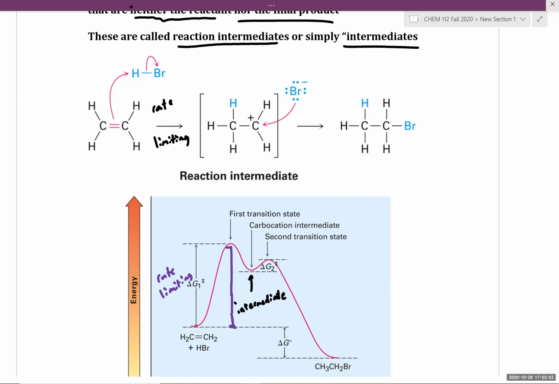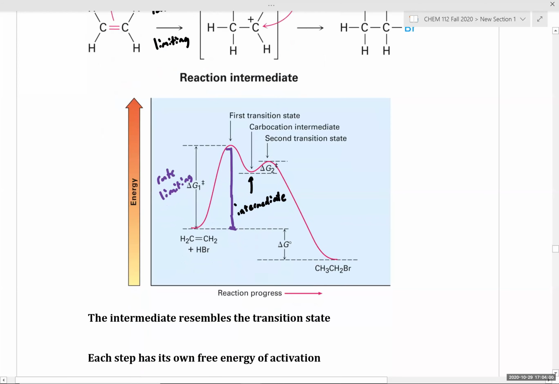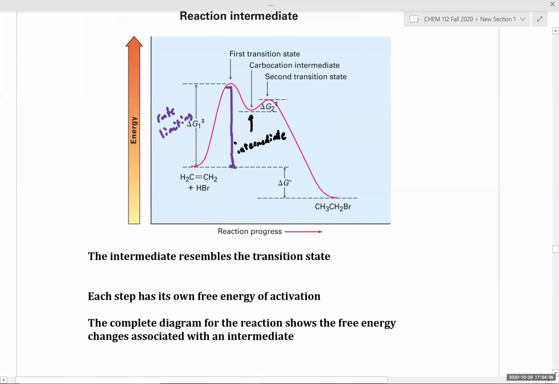Okay, so intermediates are neither reactants nor products. They're species generated as part of a multi-step reaction in the process of converting between reactants and products. Now, the intermediate and the transition state will often resemble one another.